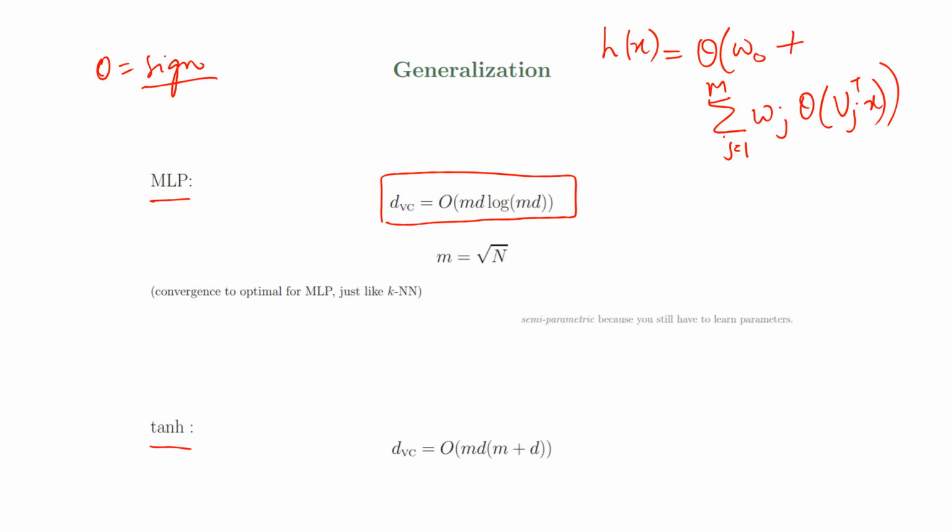So what is happening here? In a neural network, you have these cascading linear models. This cascading can be compared to taking the union of multiple hypotheses.